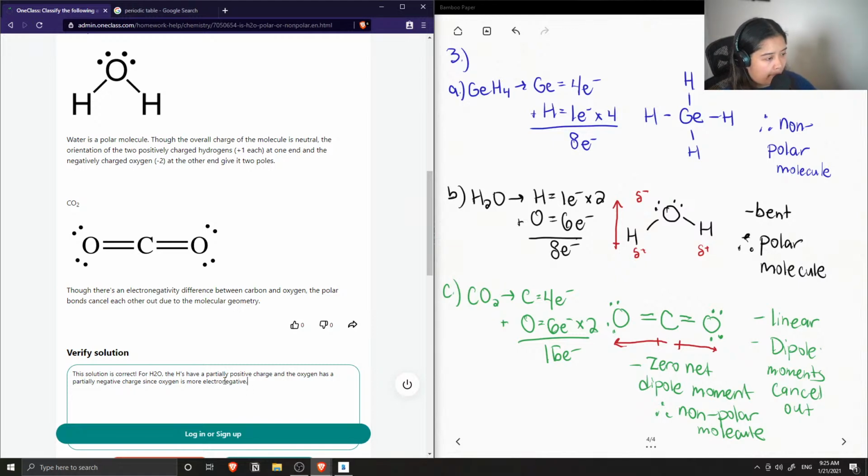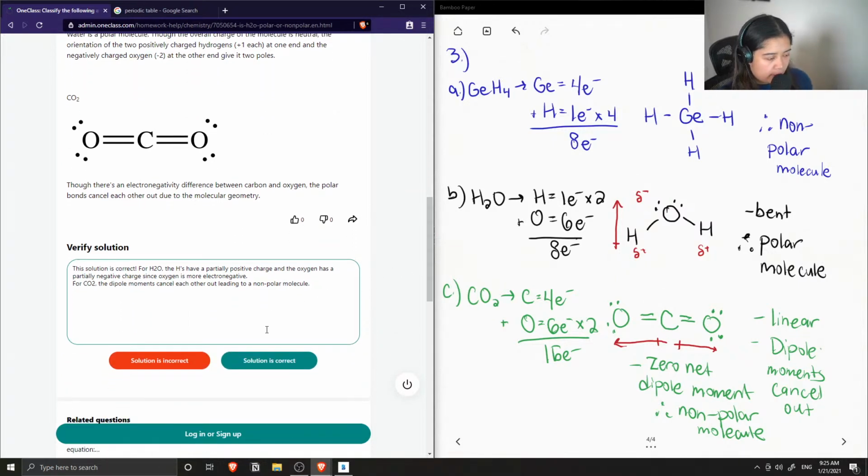And for CO2, the dipole moments cancel each other out. So this solution is still correct.